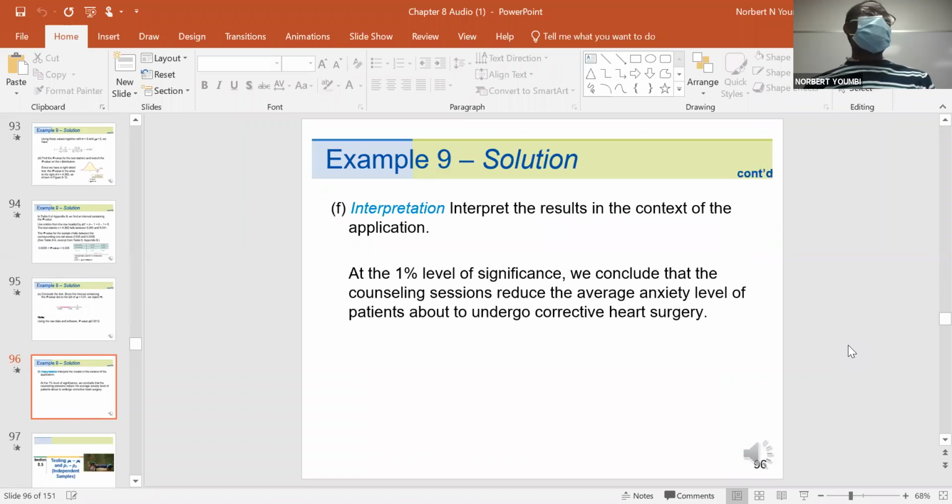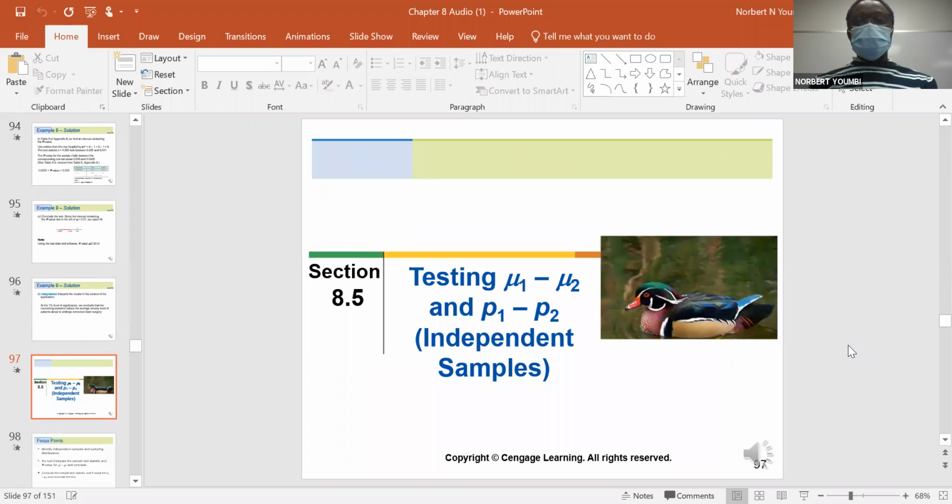We use the Z test for proportion when np is greater than or equal to 5 and nq is greater than or equal to 5. The number of successes is at least 5, and the number of failures is also at least 5. Then we use the Z. You will always be given those conditions, but it's good for you to know that without them, we wouldn't have been able to use those distributions.